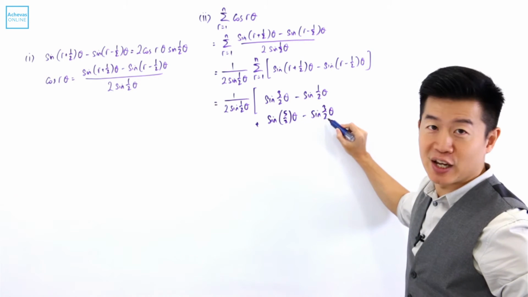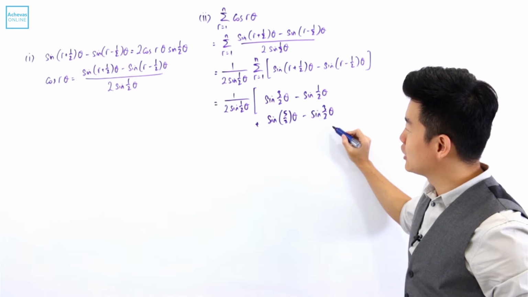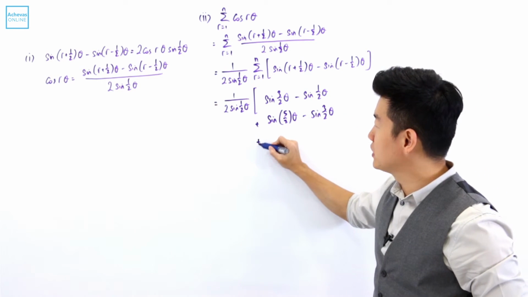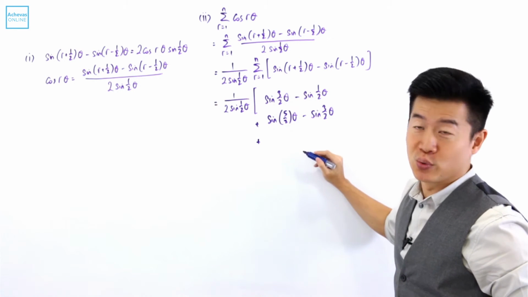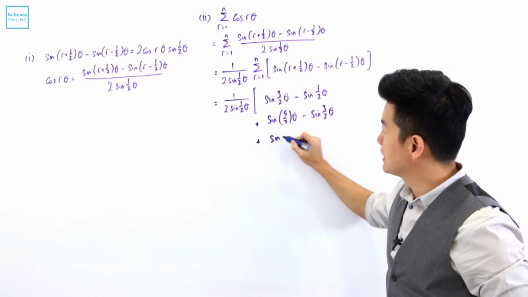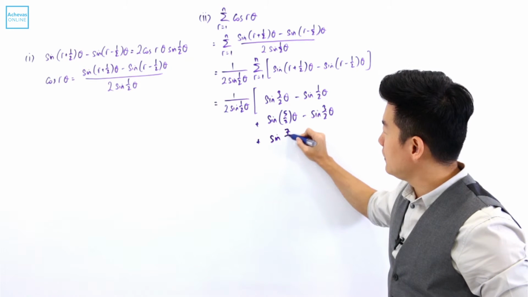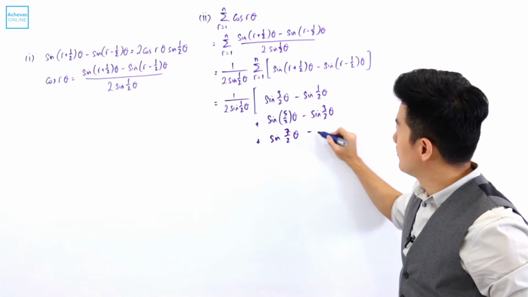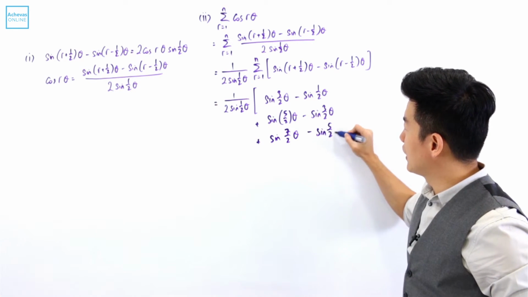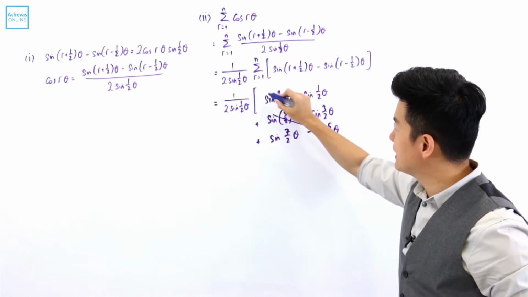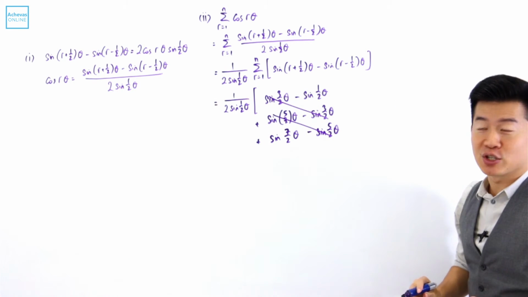And I can really see an actual cancellation here. Let's proceed to one more term. When r is equal to 3, this is going to be sine of 7 over 2 theta minus sine of 5 over 2 theta. That means I can now see 2 actual cancellations.